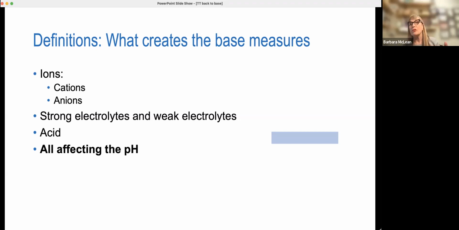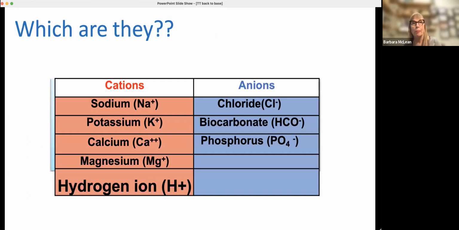And all of these things, the cations, the anions, strong electrolytes, weak electrolytes, and acid donation, acid production, and acid regulation all affect the pH. And I can only know about the pH, really. pH is the symptom, but I can only really know about the pH if I do a blood gas, which is why blood gas is so incredibly important.